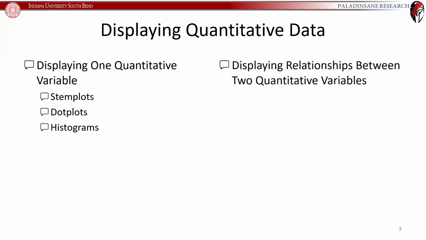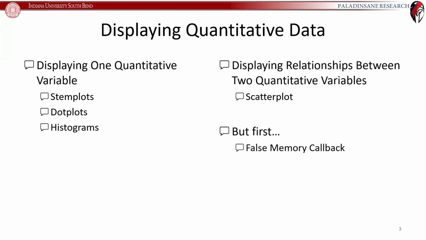And displaying relationships between variables in general is one of the gold standard goals of psychology. So we are going to see how to do that with two quantitative variables today when we take a look at the scatter plot. But first, we are going to have a false memory callback.